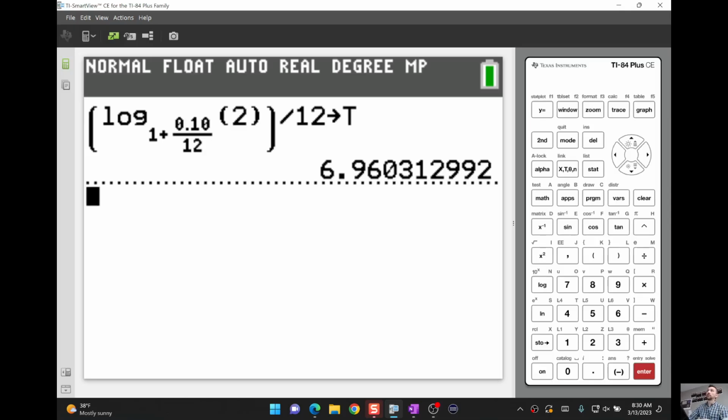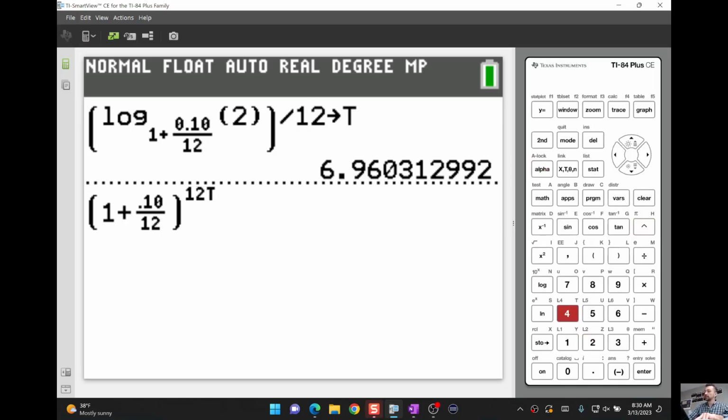Okay, so I stored all of that in my calculator for t, and that's supposed to make 1 plus 0.10 over 12 to the 12t.